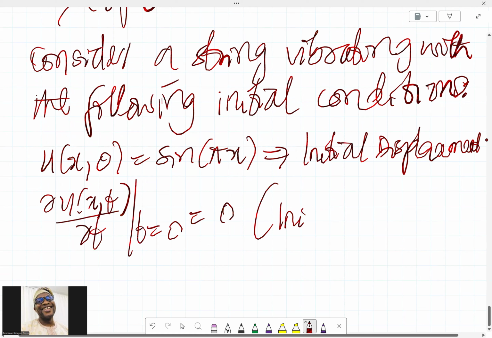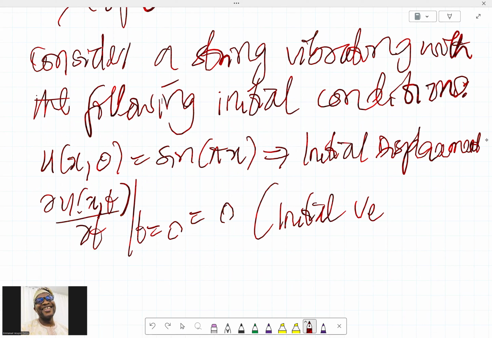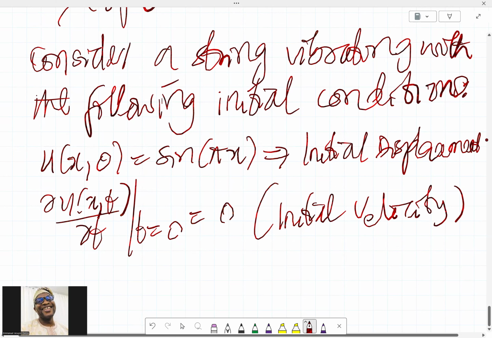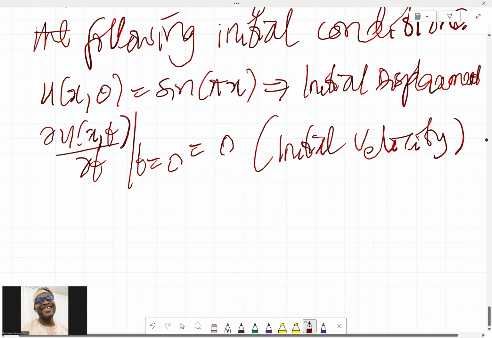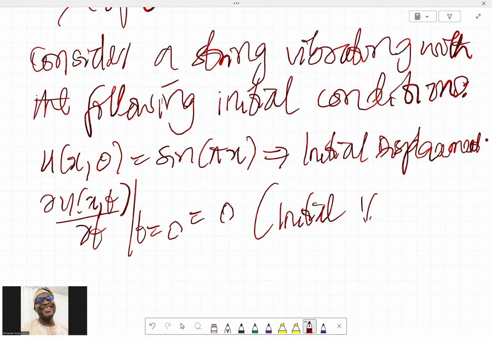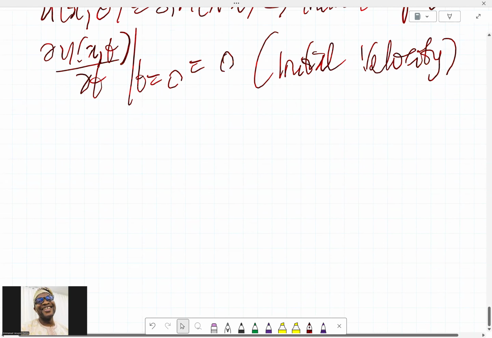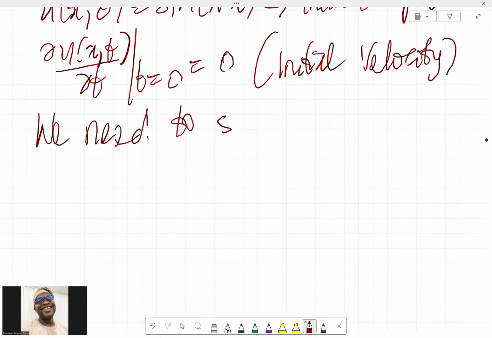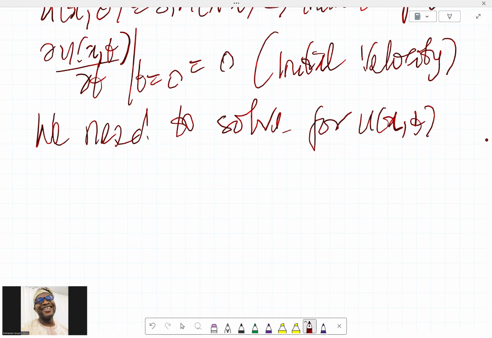And that is the initial velocity. So the idea is we need to solve for u of x, comma t.